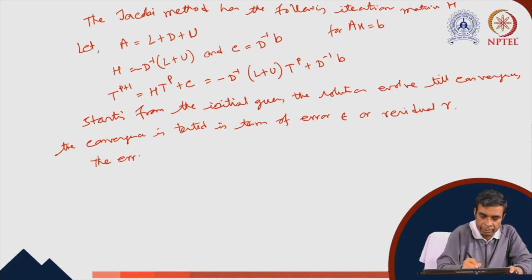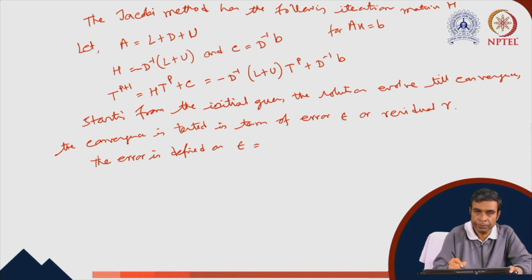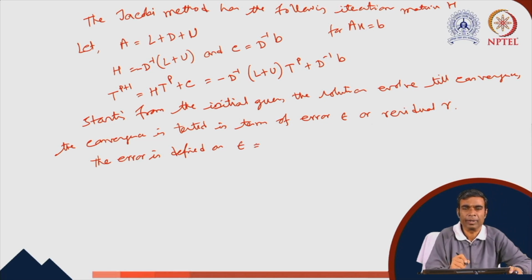The error is defined as epsilon equals the difference between the degree of freedom at a given location at two different iteration counts.